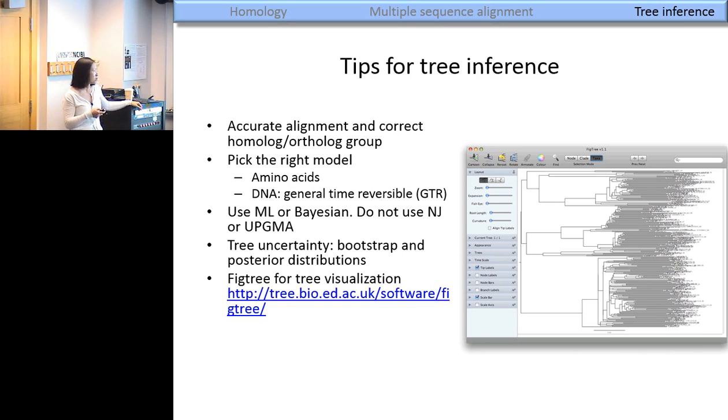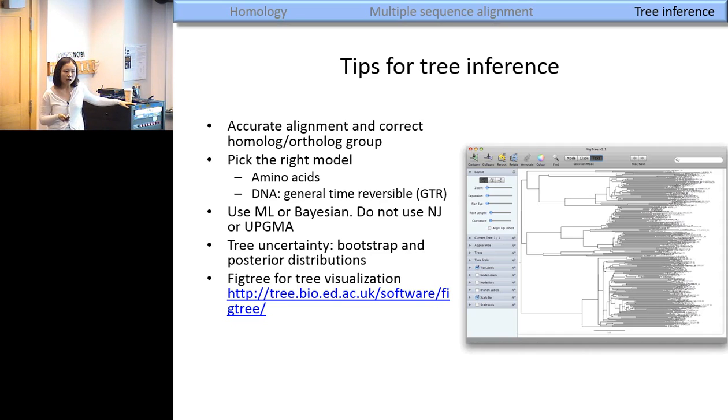The next thing is tree uncertainty. There are two major ways of looking at tree uncertainty. In the maximum likelihood framework, people usually use non-parametric bootstrap, which means people subsample the columns in the alignment and make a tree, and repeat this 100, 200, 500 times and see how often the trees agree with each other.